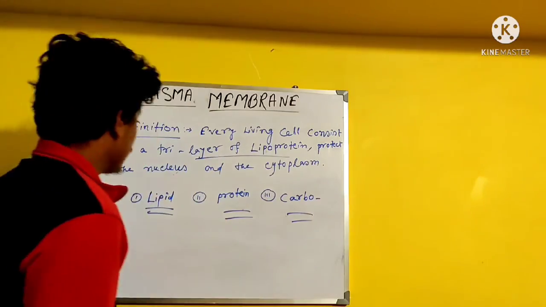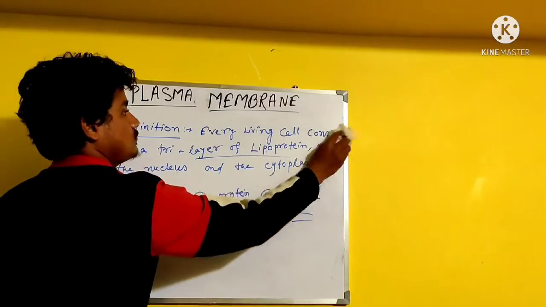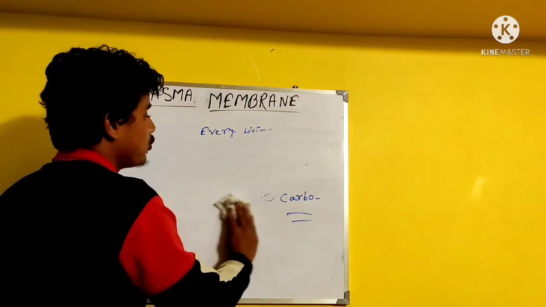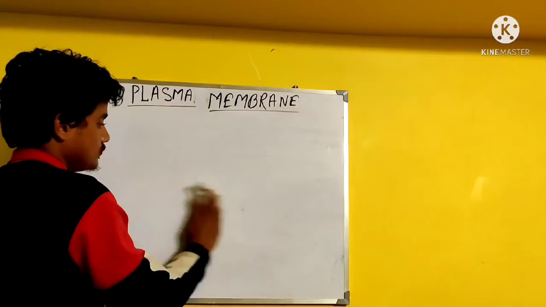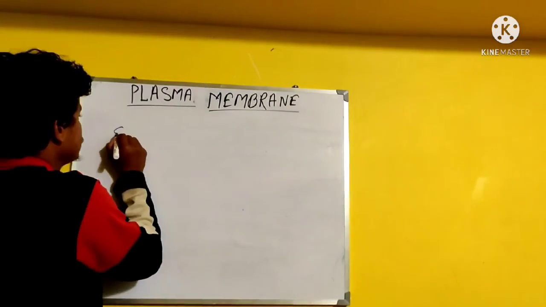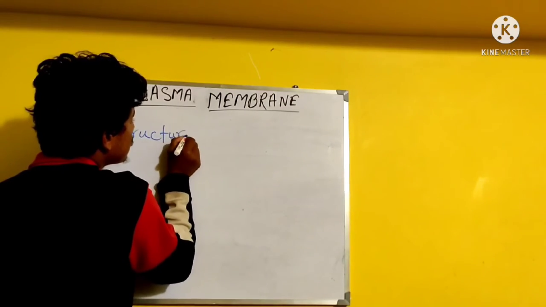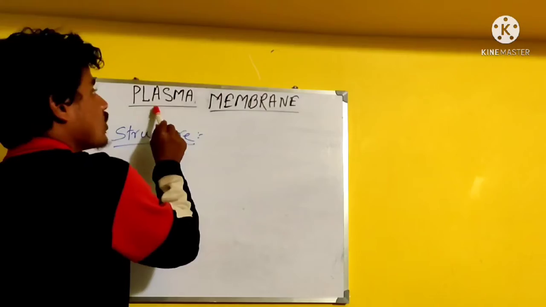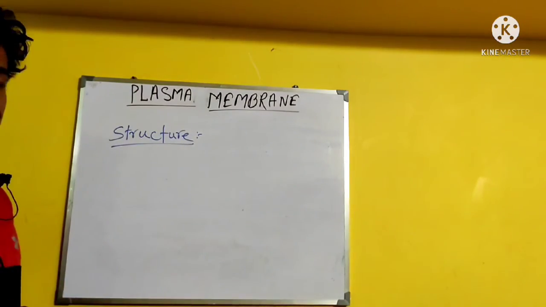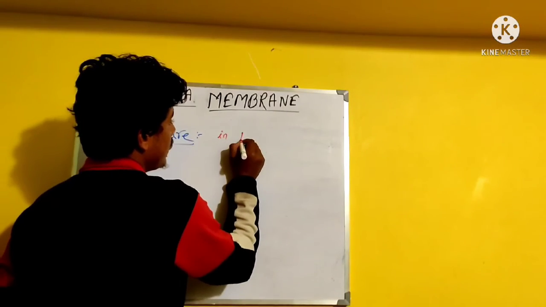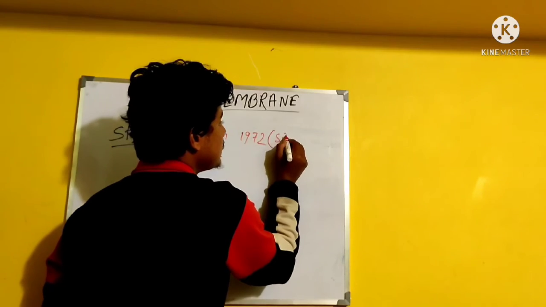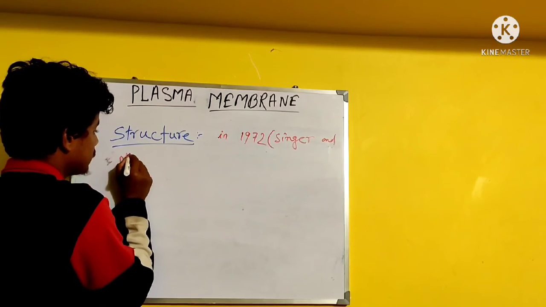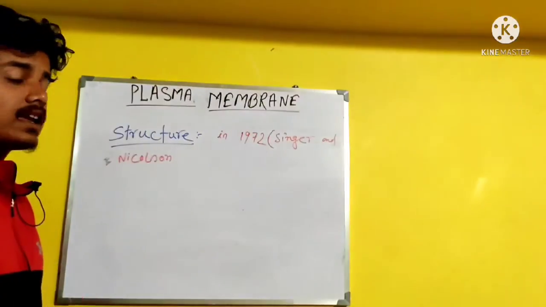Many scientists gave many models for the structure of plasma membrane, but in 1972 Singer and Nicholson gave a model.